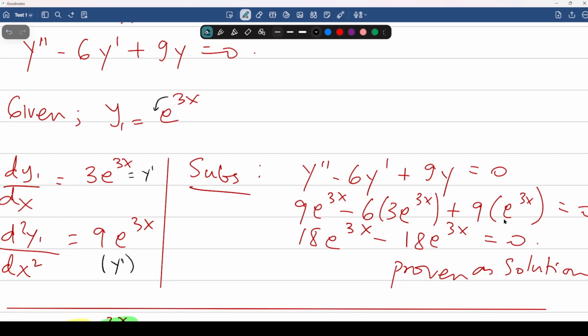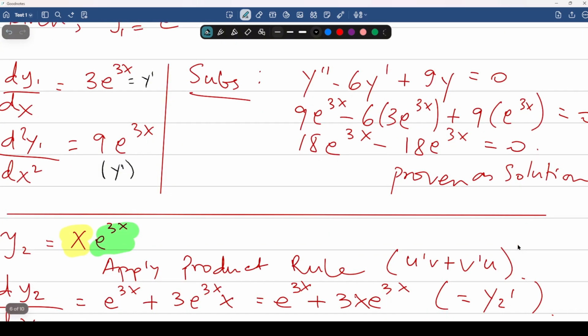Once we multiply everything, we have 9 plus 9 e to the power of 3x becoming 18e to the power of 3x, and then negative 18e to the power of 3x, so the result becomes 0, proving that y equals e to the power of 3x is in fact a solution.